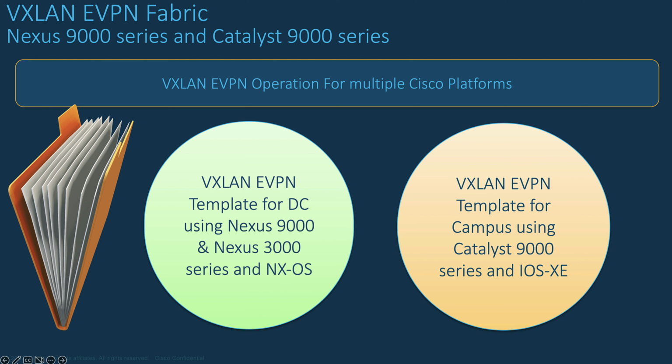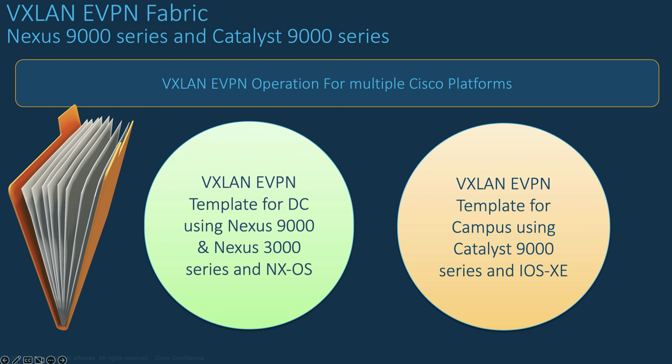The fabric supports OSPF as the underlay protocol and BGP EVPN as the overlay protocol transport. This allows NDFC to manage all the configurations of VXLAN EVPN fabrics composed of Cisco Catalyst 9K. Backing up and restoring this fabric is the same as VXLAN EVPN for data center.